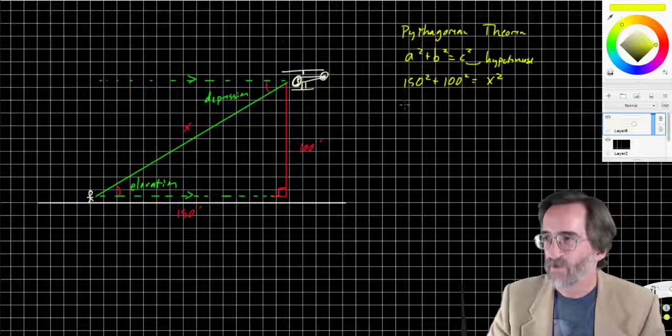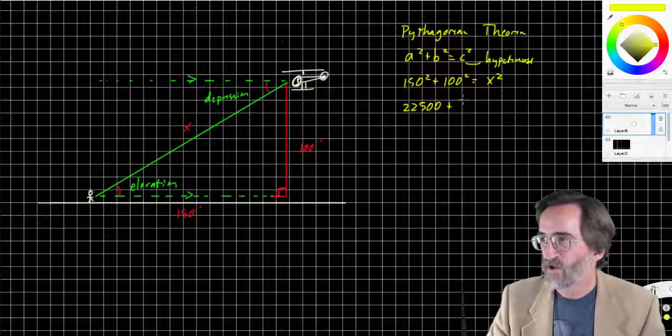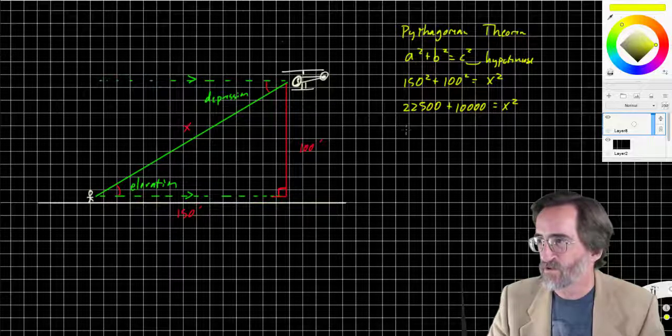And there we go. 150 squared is 225 with two zeros, 22,500. 100 squared is 1 followed by 4 zeros, 10,000. Okay, 22,500 plus 10,000 is 32,500.